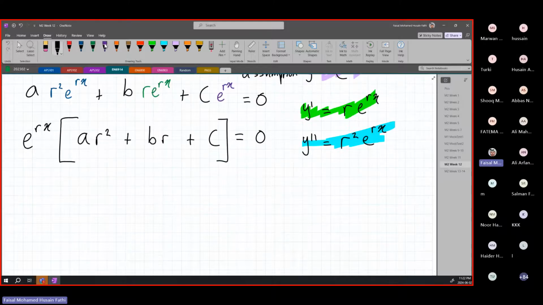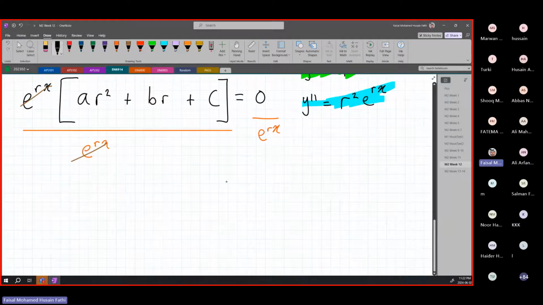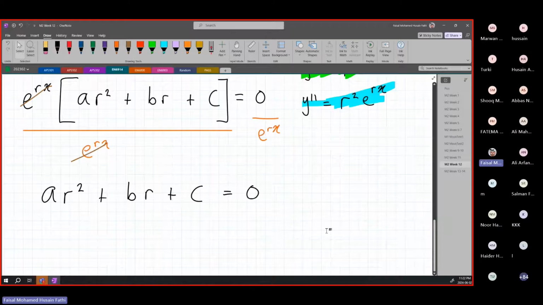And now if we divide both sides by e to the power of rx, we can cancel it out directly because 0 over anything is just 0. And here we will be able to cancel these two out. So we are left with this characteristic equation, ar squared plus br plus c is equal to 0.